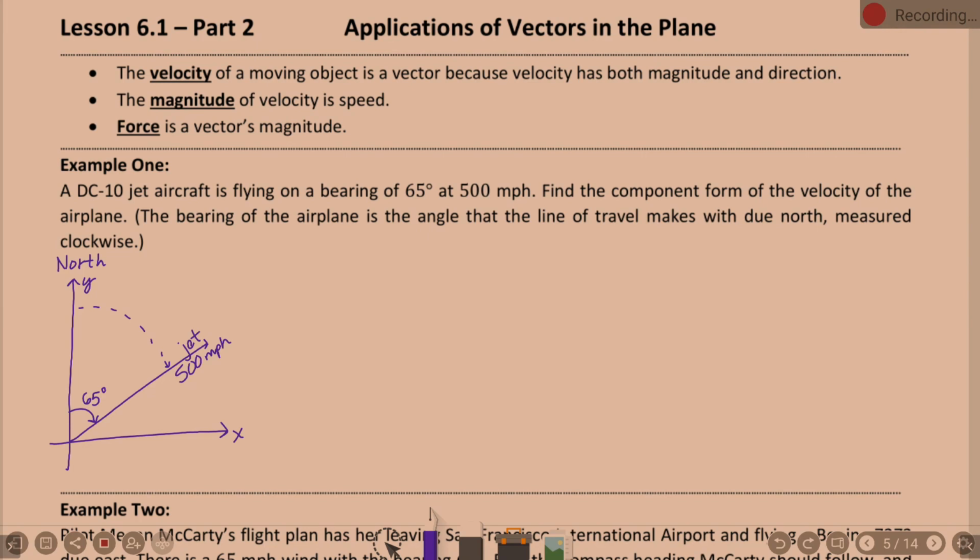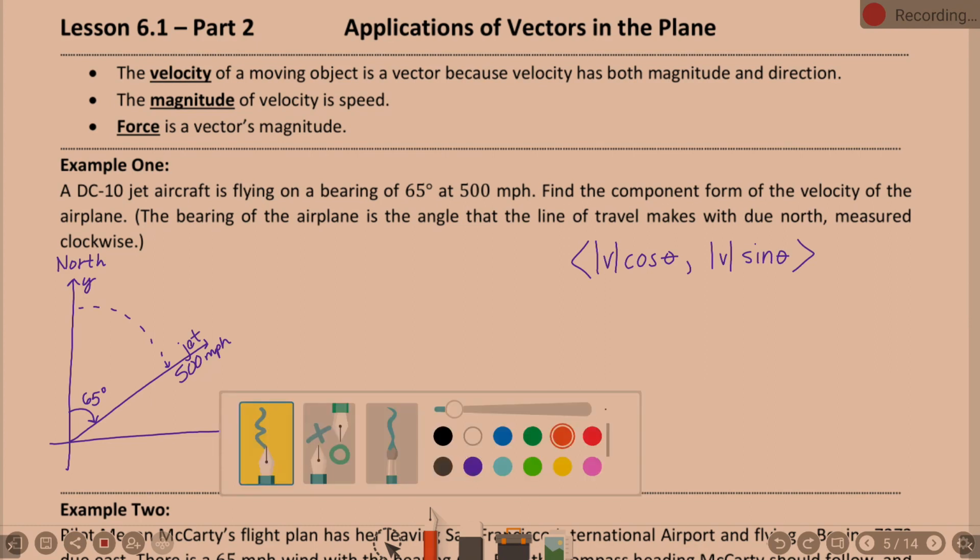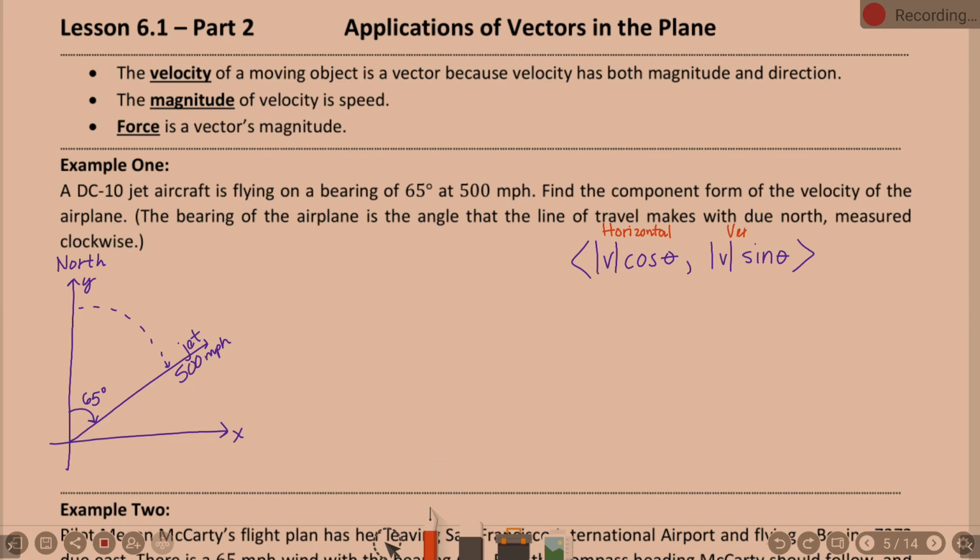So the component form we just used on the previous example is the absolute value of V times cosine theta, and the absolute value of V times sine theta. Where this first piece is our horizontal component, and the second piece is our vertical component.